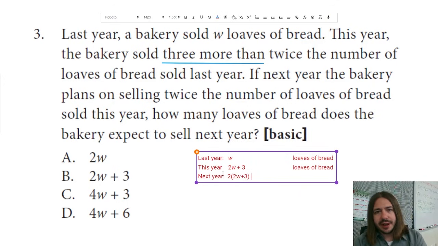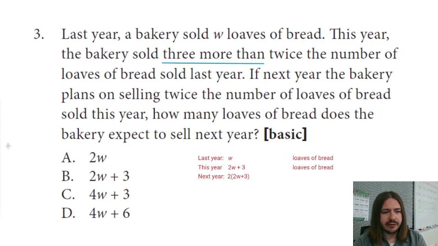So this is going to be our answer, but as you can see, none of the answer choices look like this. So we do have to do a little bit of algebraic manipulation here. Specifically, we're going to distribute the 2, and that means we're going to multiply 2 by both 2W and 3.